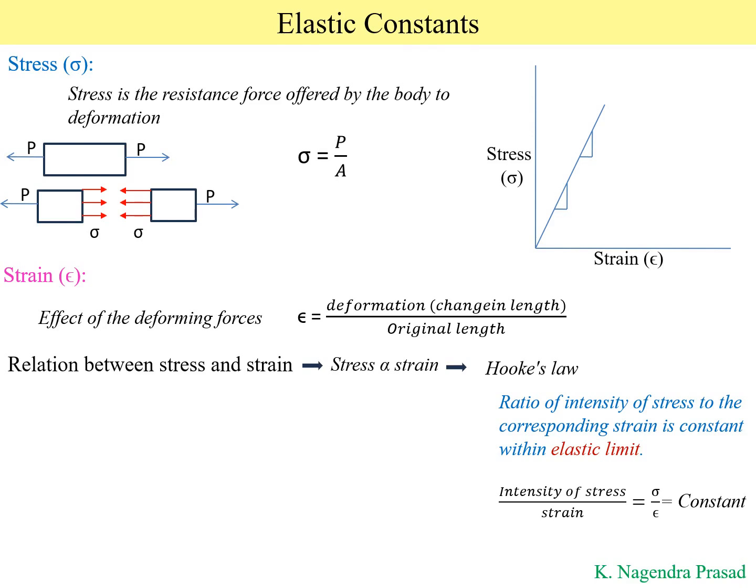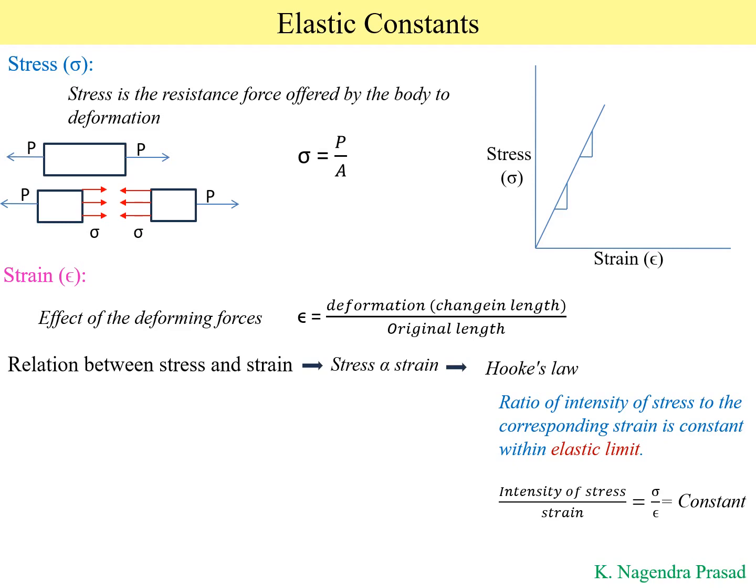So stress has a direct relation with strain; stress is directly proportional to strain. The same thing was proposed by Hooke. Hooke's law defines the relationship between stress and strain: the ratio of the intensity of stress to the corresponding strain is constant within the elastic limit.